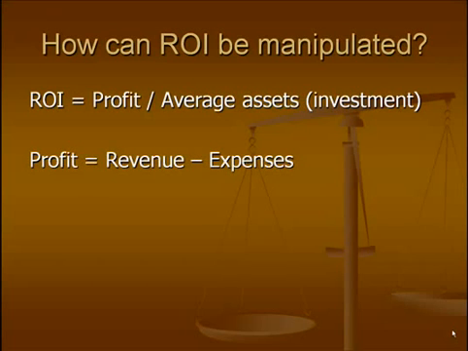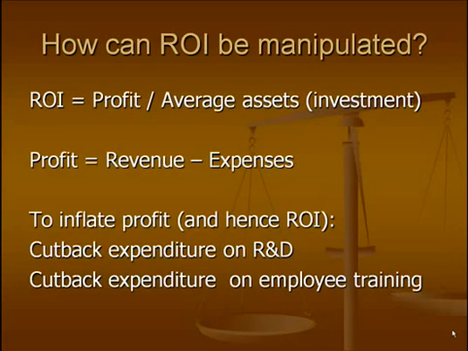Profit equals revenue minus expenses. Let's focus on the numerator of the ROI ratio. If you increase profit, you increase ROI. Managers increase profit by trying to cut back expenses.